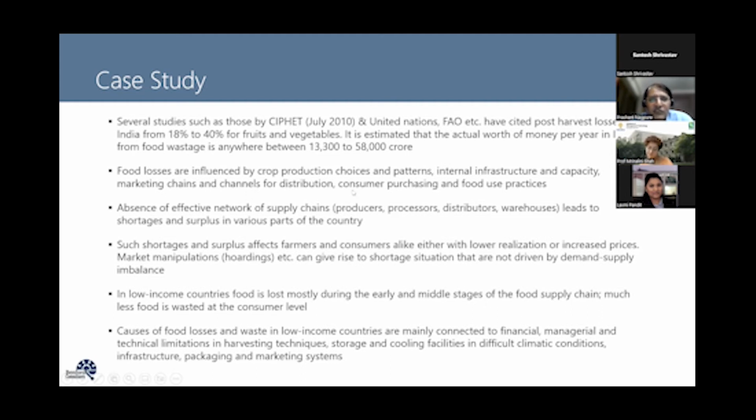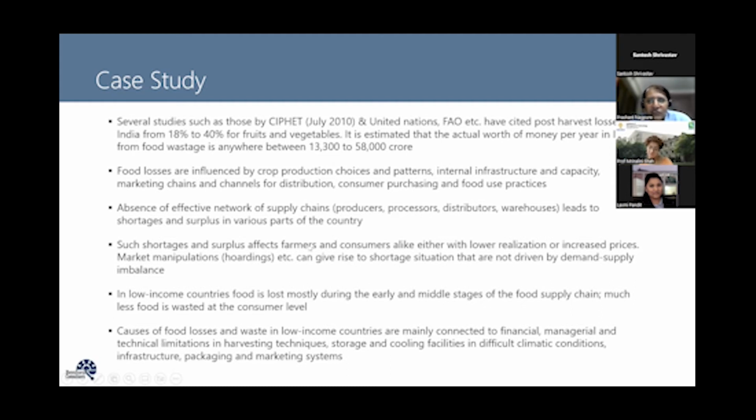Then, of course, there are food losses because of crop production choices, patterns, infrastructure capacity, marketing channels, purchasing and food use practices. There is a lot of inefficiency in the absence of effective networks, especially between producers, processors and distributors.